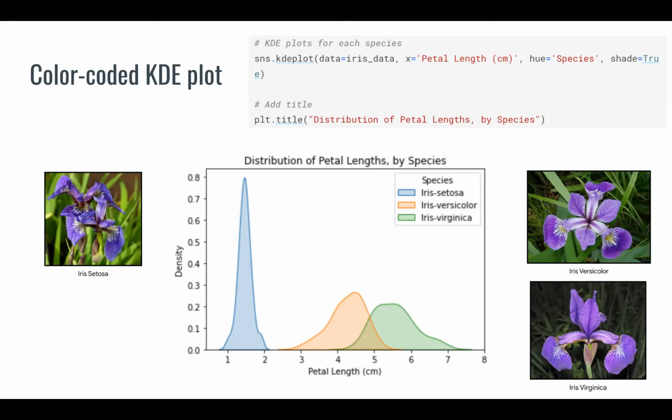In fact, according to this data set, we might be able to classify any iris plant as Iris setosa just by looking at the petal length. If the petal length of an iris flower is less than 2 centimeters, it's most likely to be Iris setosa.